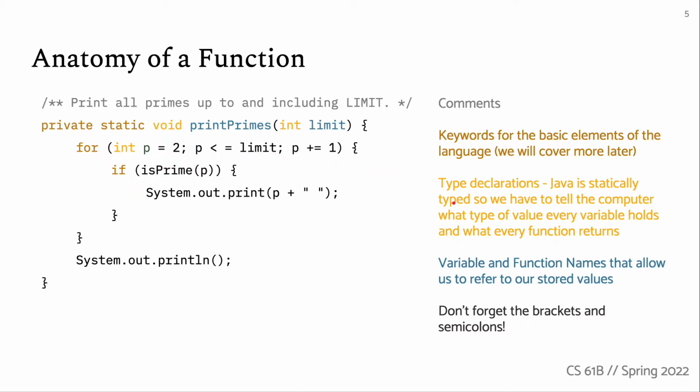Next, we have type declarations. Now, Java, unlike Python and a lot of the newer programming languages, is statically typed. That means that whenever we create a variable in any place, we have to tell Java exactly what that variable holds.